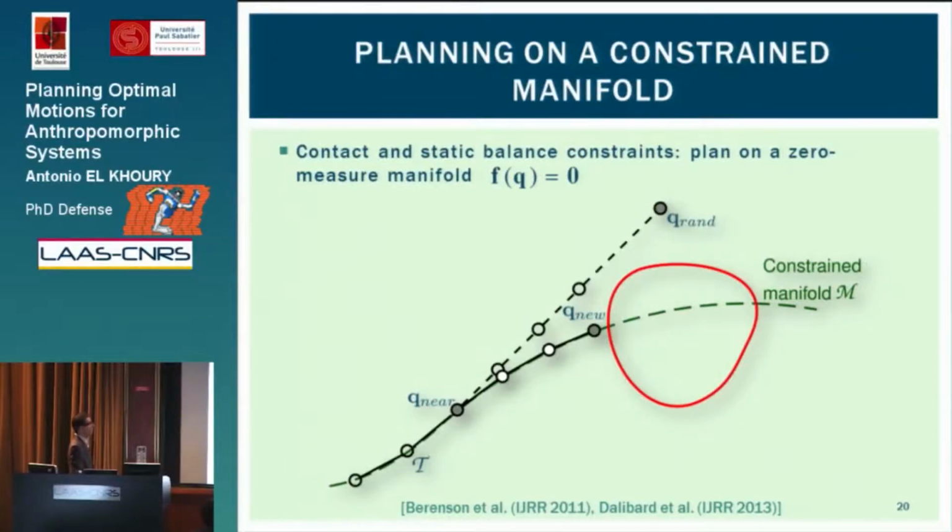And since we are following the Jacobian, this means that we are doing a projection straight onto the manifold. We do this iteratively until either we reach the projection of q_rand or we hit an obstacle. In both cases, we keep the last configuration that was collision-free, and we add it to the existing tree.